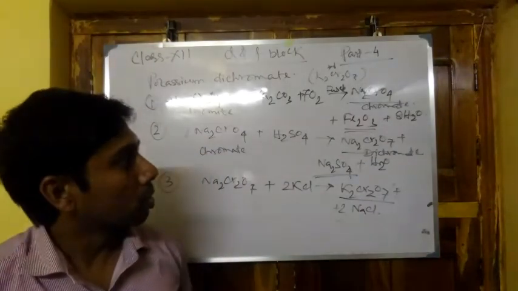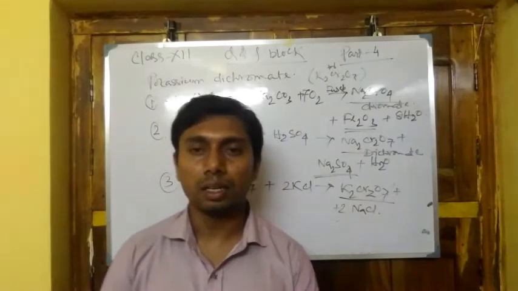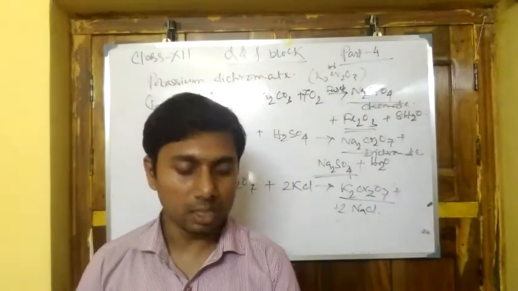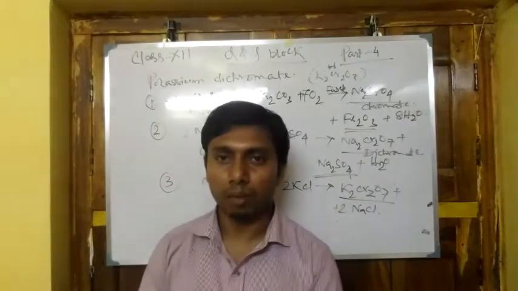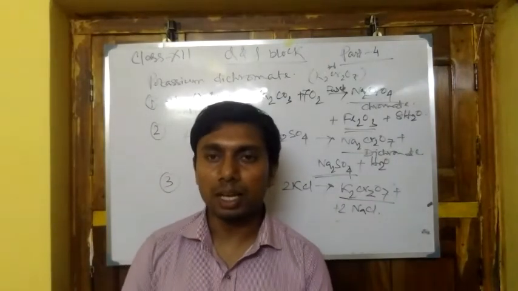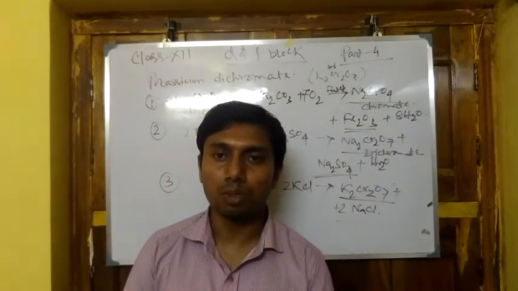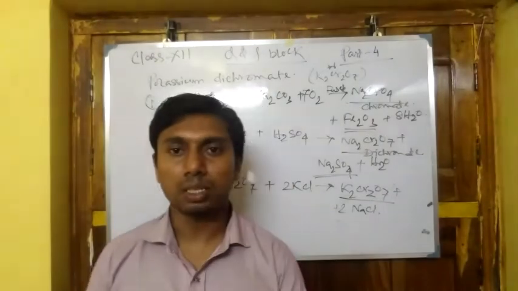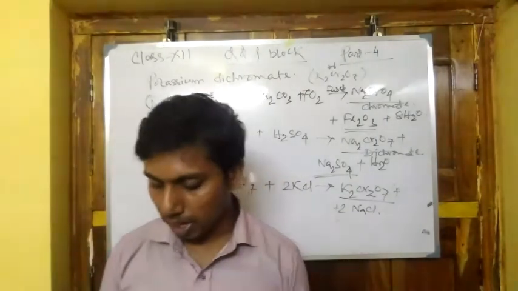Potassium dichromate comes as orange red crystals, and as I said earlier it works as an oxidizing agent. In acid medium the maximum reactions take place. That means it will oxidize iodide to iodine and sulfur dioxide to sulfuric acid. Such reactions are done by dichromate in acid medium.